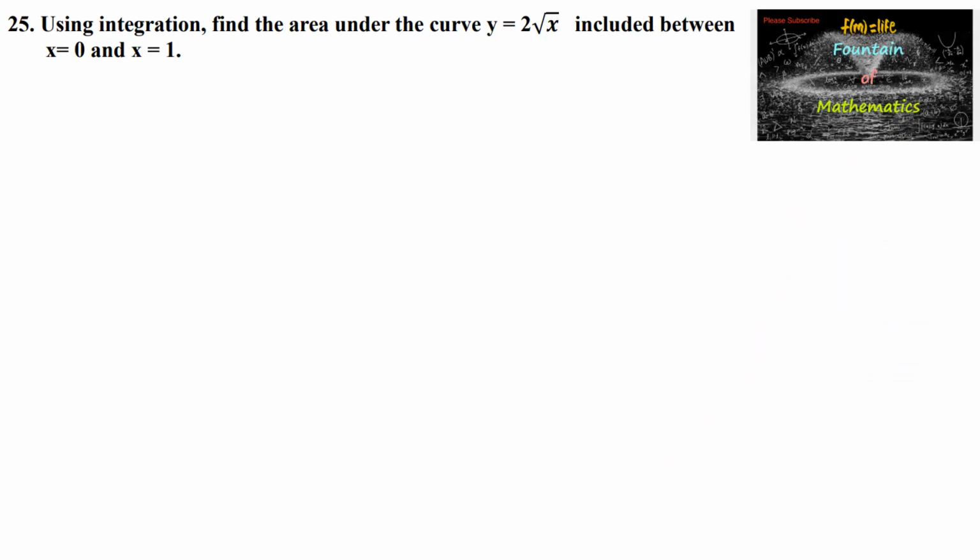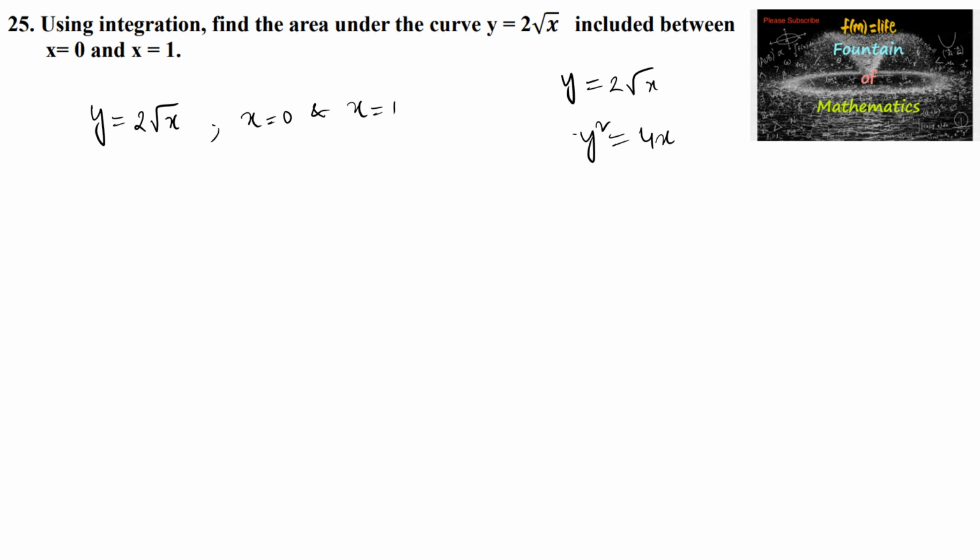Using integration, find the area under the curve y is equal to 2 root x between x is equal to 0 and x is equal to 1. So let us check here, y is equal to 2 root x, which implies y square is equal to 4x.